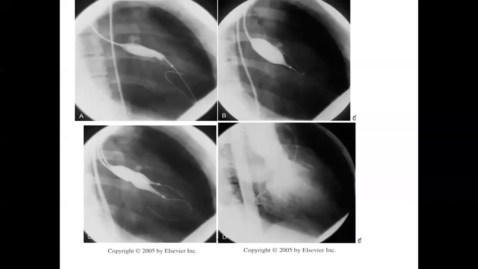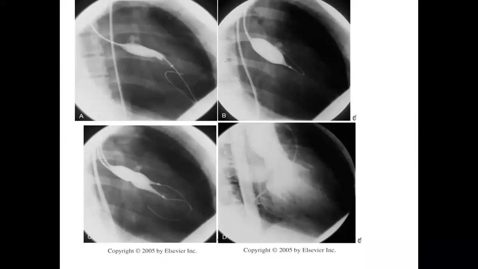You can see in this figure the aortic valve is being opened. This procedure helps for the time being. Otherwise, these procedures are not the final treatment of choice for a patient who has severe aortic stenosis. But for the time being, this can help, especially in young children.